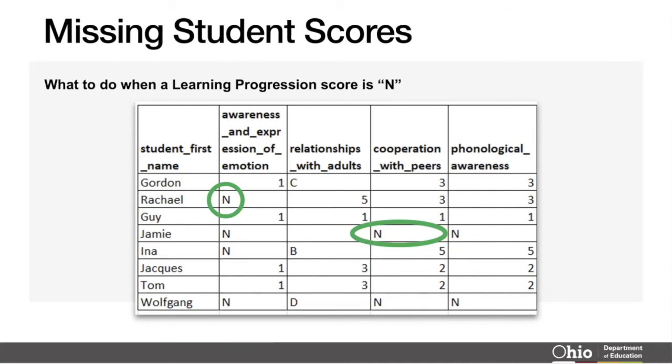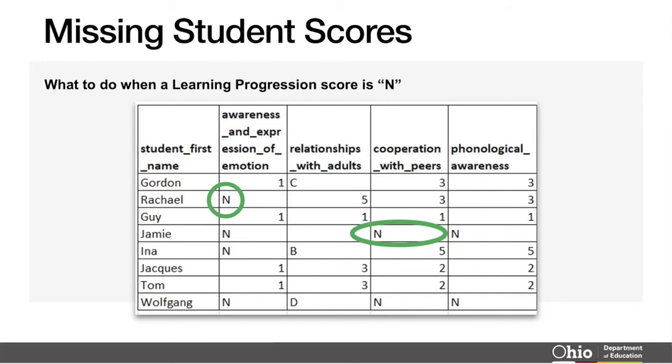So a teacher might enter N or NE. When it comes out in the report, it will show an N. And if you have any of these scores as an N, you cannot put an N in EMIS or EAS.